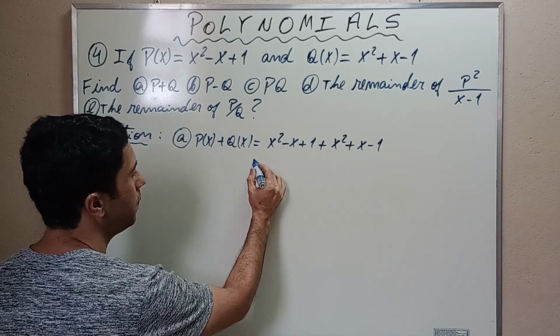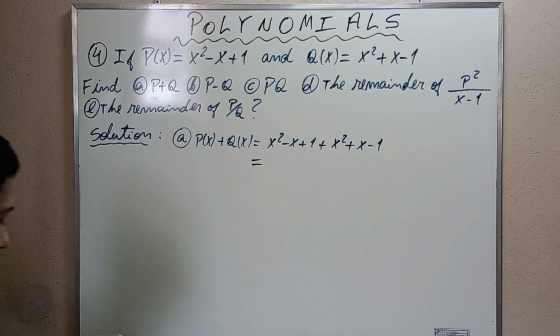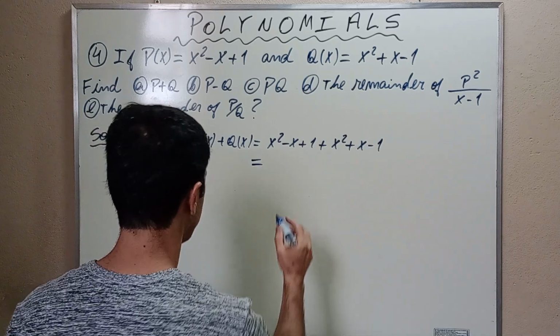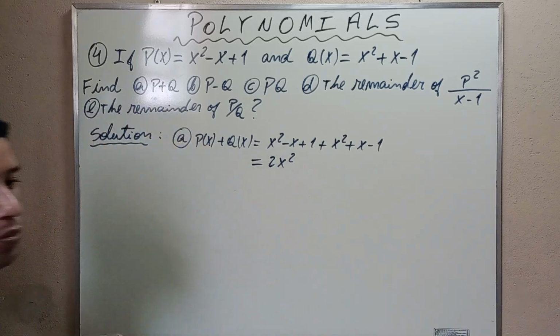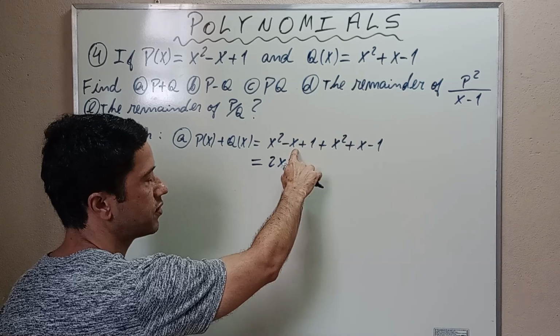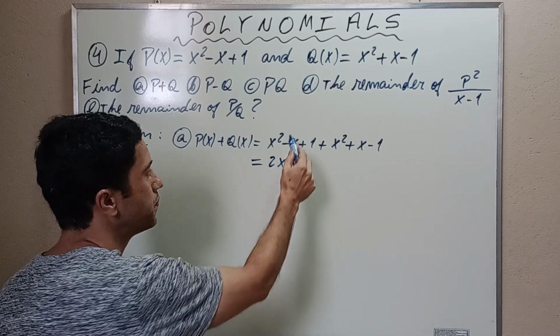x squared plus x squared is 2x squared. Observe that we have a negative x here and x here. They cancel each other out.